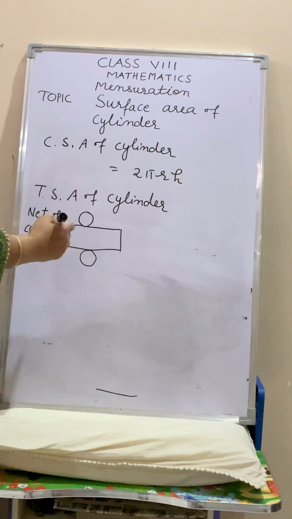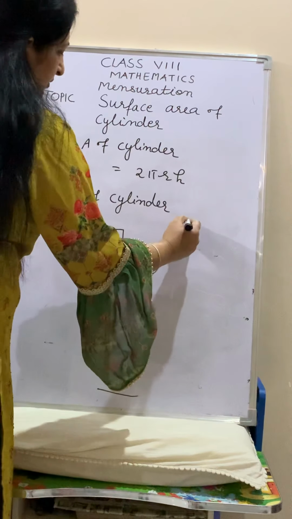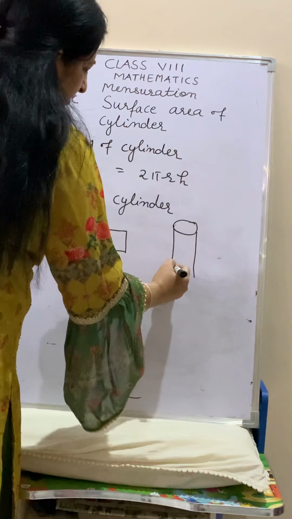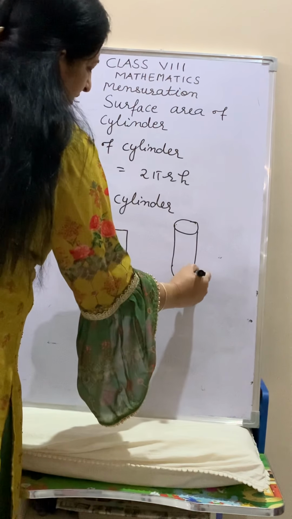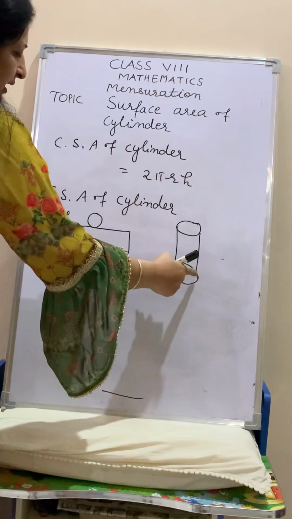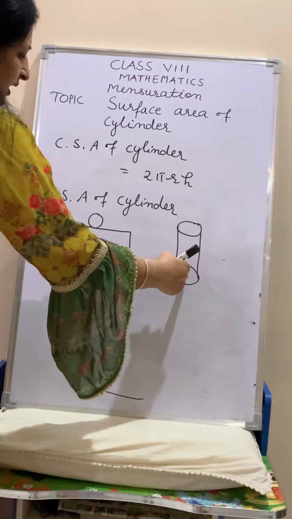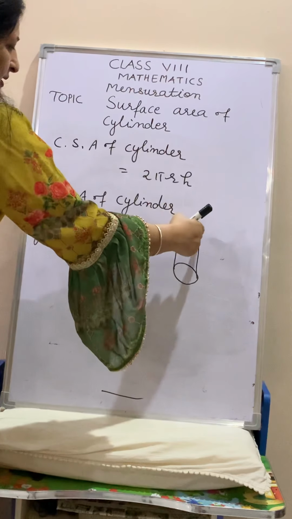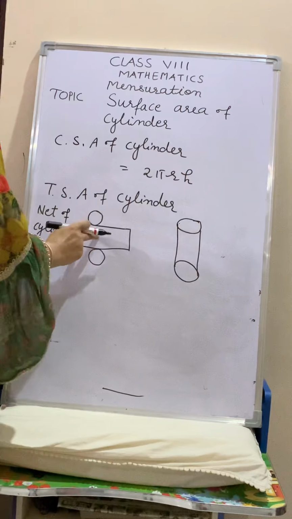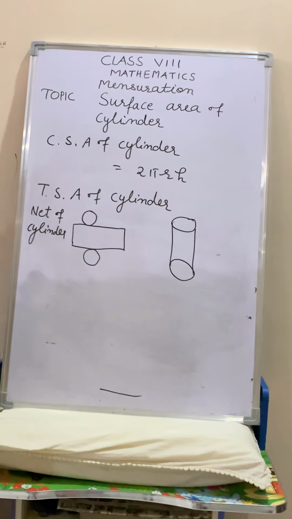Both the upper and bottom portions are circular, and in between it is a rectangle.